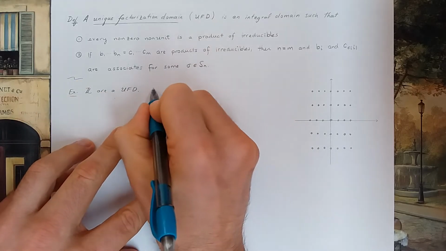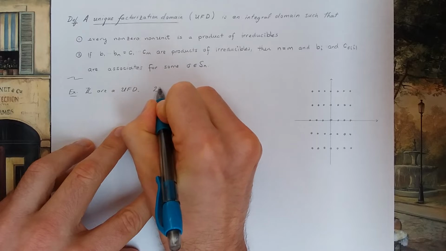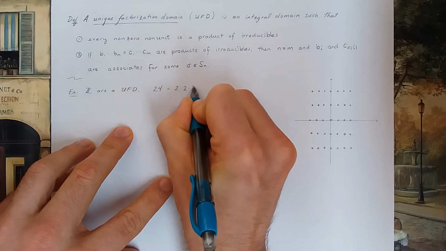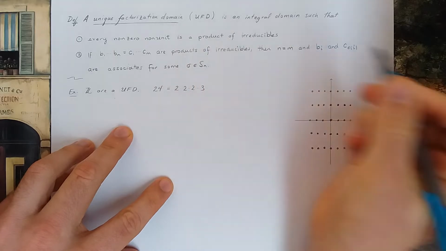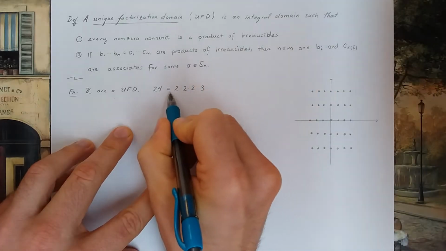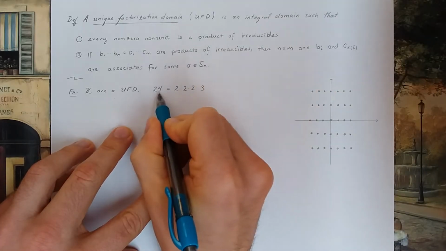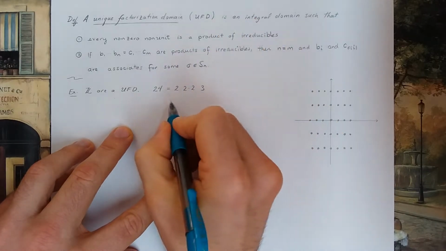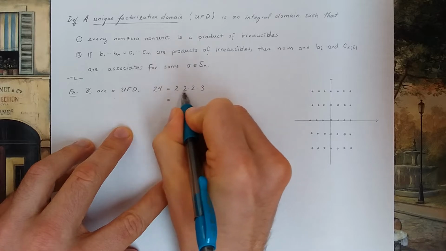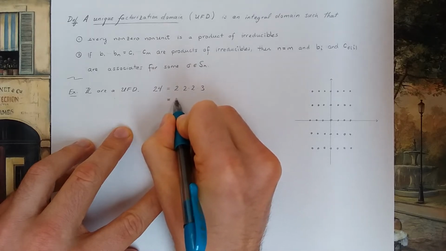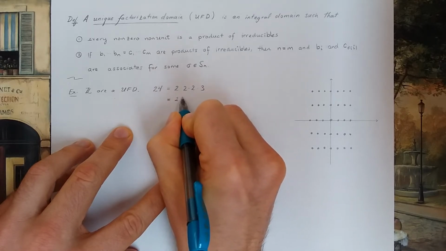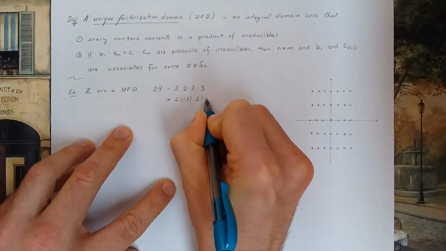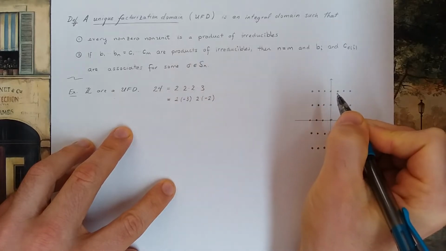So for example, 24 is 2 times 2 times 2 times 3. And that's pretty much the only way to write 24 as a product of primes, up to some trivialities. What I mean by that is 24 is also 2 times negative 3 times 2 times negative 2.